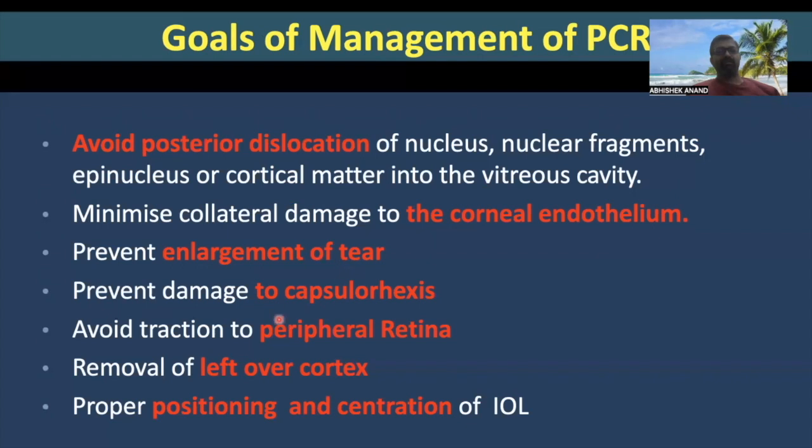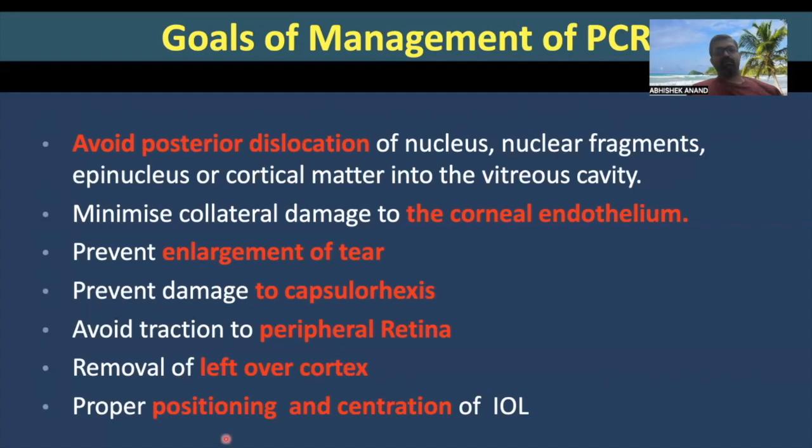We must respect the capsule. We must prevent damage to the capsule and avoid traction to the peripheral retina, so as not to create a peripheral break. Removal of leftover cortex is of paramount importance, because adherent cortex left behind can cause chronic inflammation in the long term postoperatively.